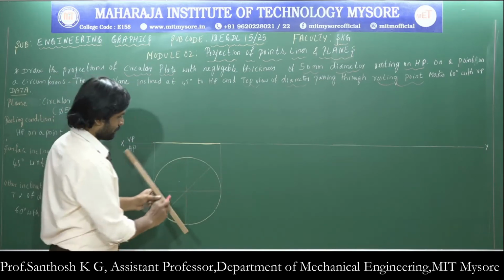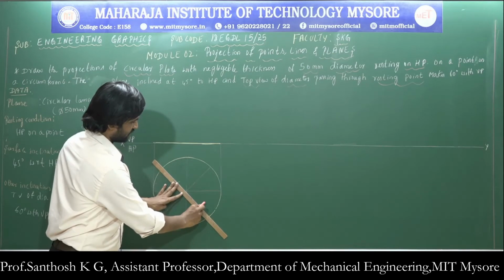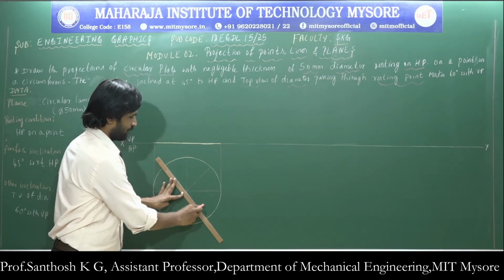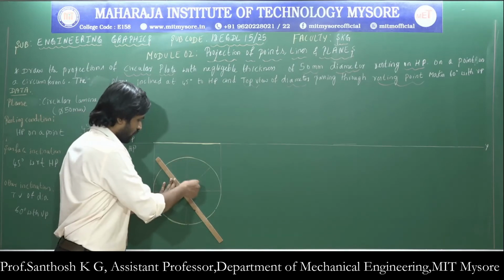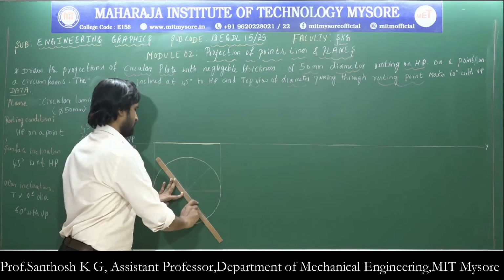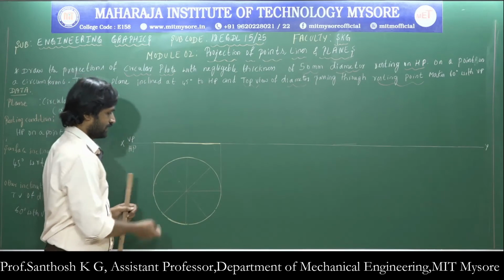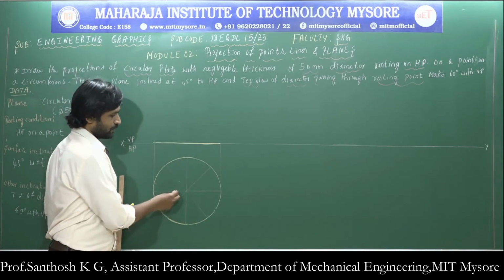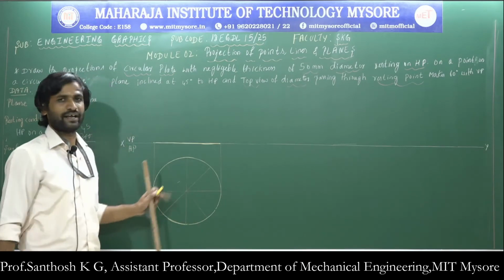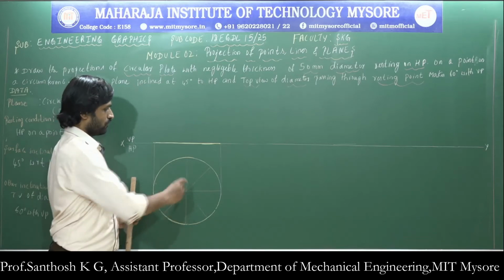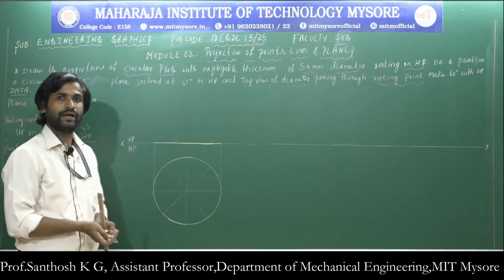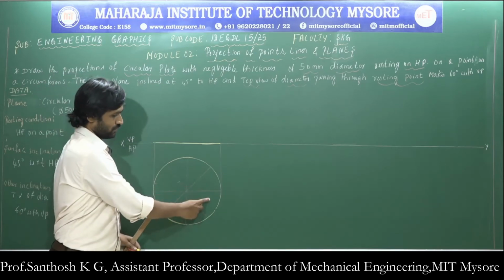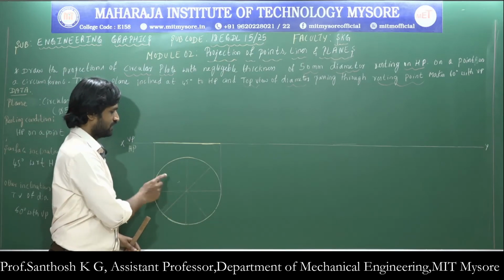Similarly, by keeping the scale at the center and aligning the scale along this point, I am going to draw one more diameter. So this diameter is inclined with respect to this horizontal line at an angle of 45 degrees. Now, you can see that the given circle is divided into 8 parts: 1, 2, 3, 4, 5, 6, 7, 8.